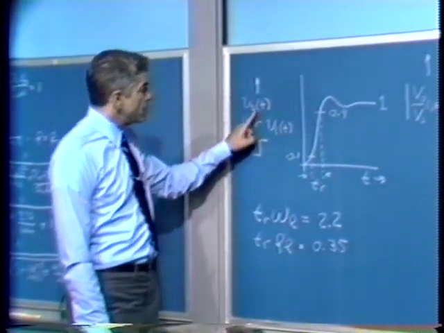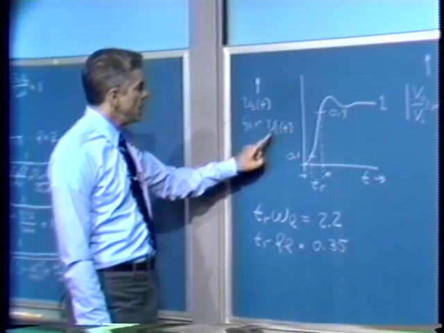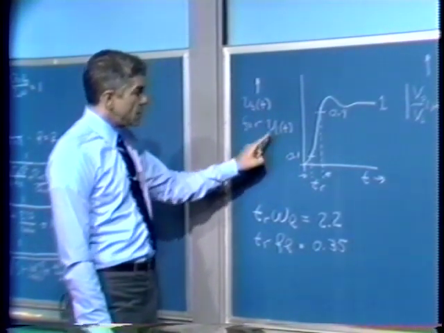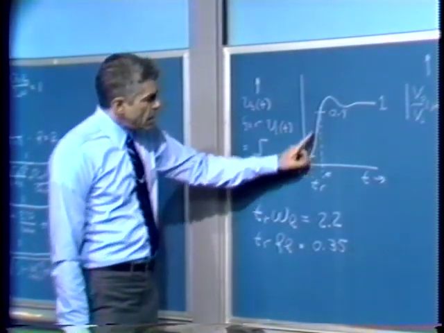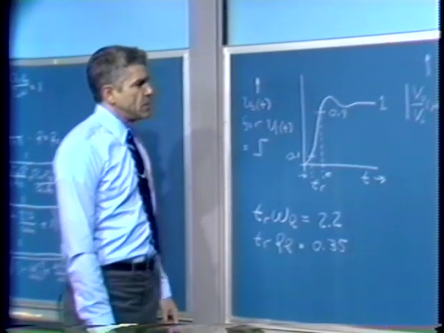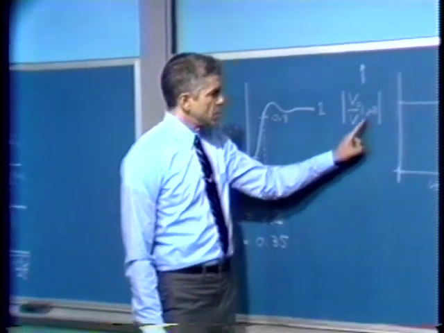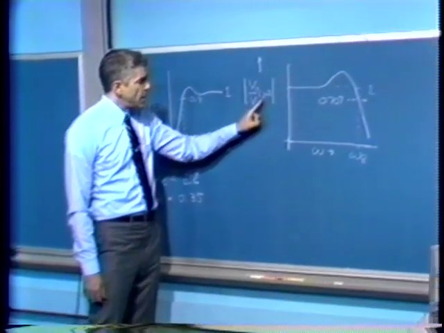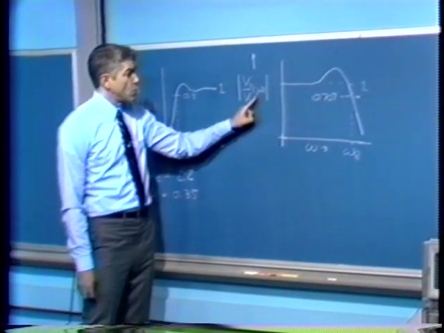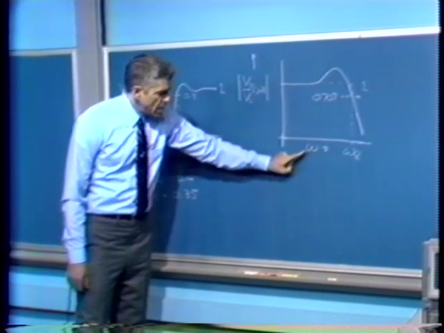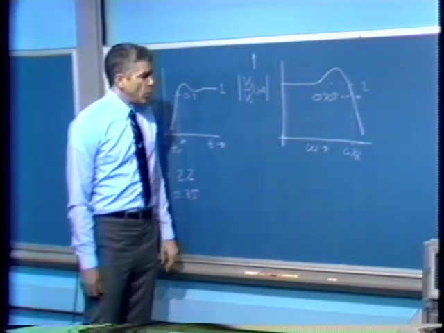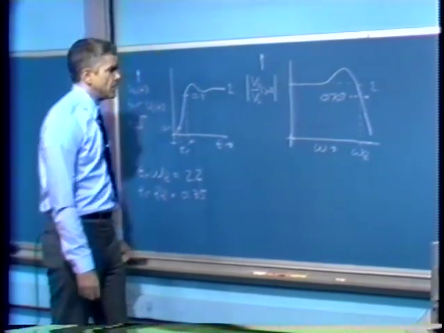Here we look at the output signal as a function of time for an input signal, which is a step. So we look at the step response of the system, and we contrast that with the frequency response. In other words, the magnitude of V out over Vi as a function of s or as a function of j omega, plotted versus frequency, the usual Bode plot kind of presentation.